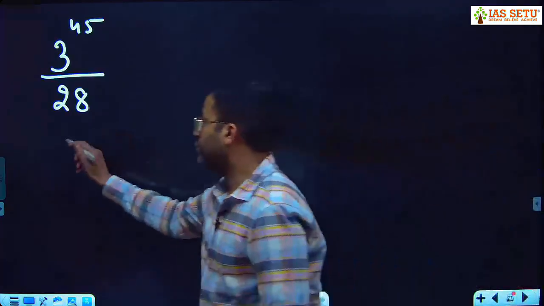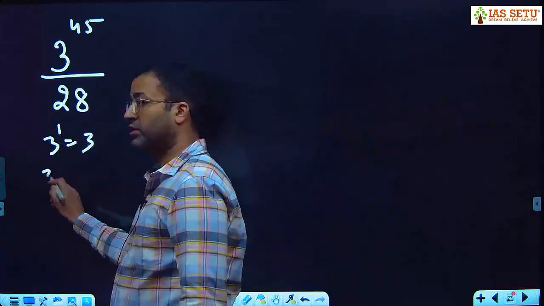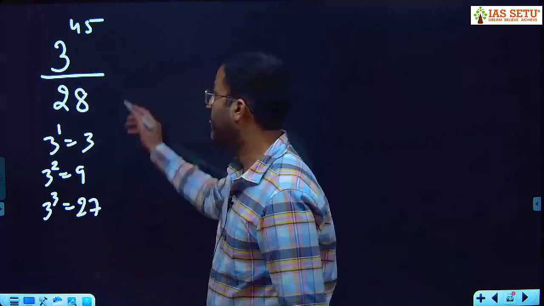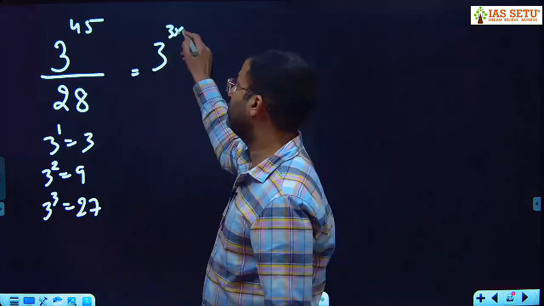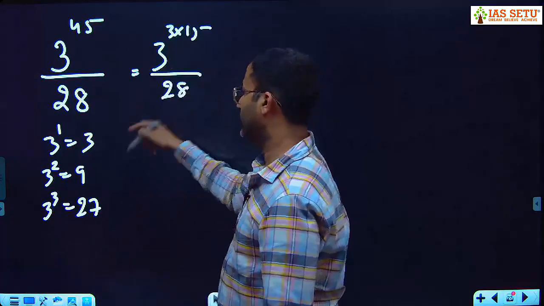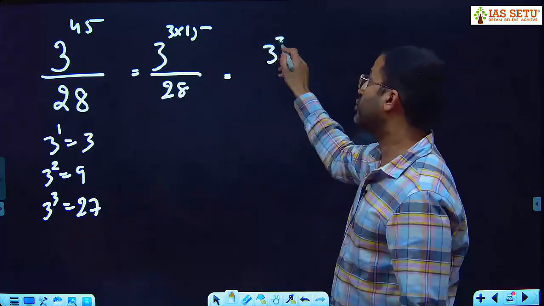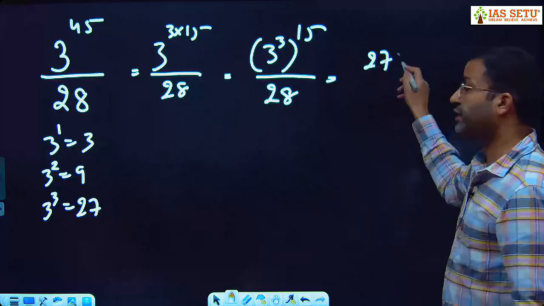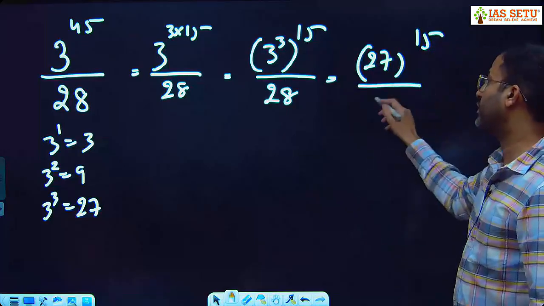Powers of 3 near to 28: 3 to the power 1 is 3, 3 square is 9, 3 cube is 27. So we express it as 3 into 15. Why? Because 27 will help. 3 to the power 3, bracket 15, divided by 28. 27 to the power 15 divided by 28.